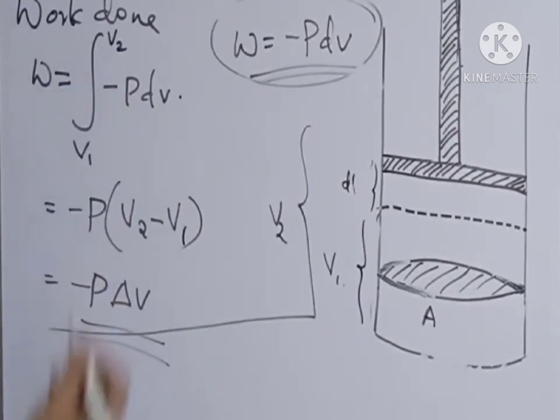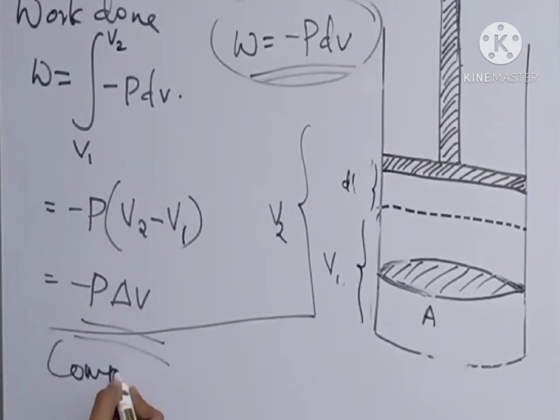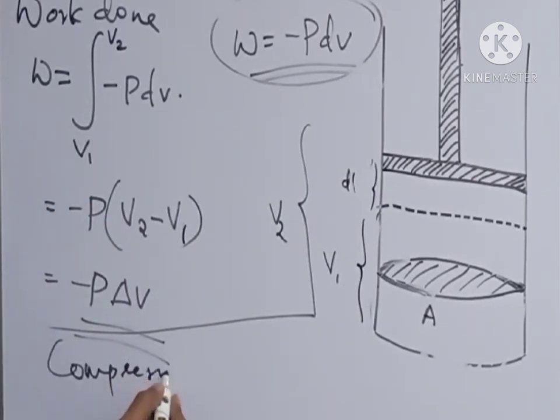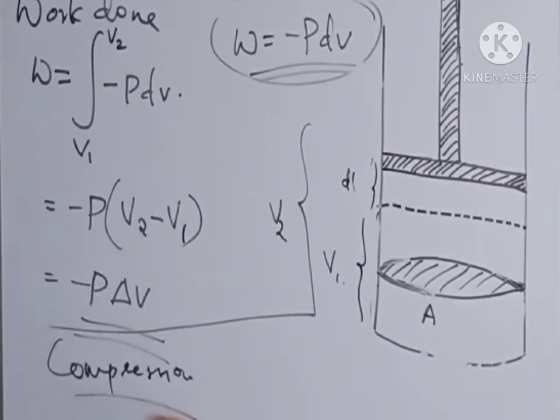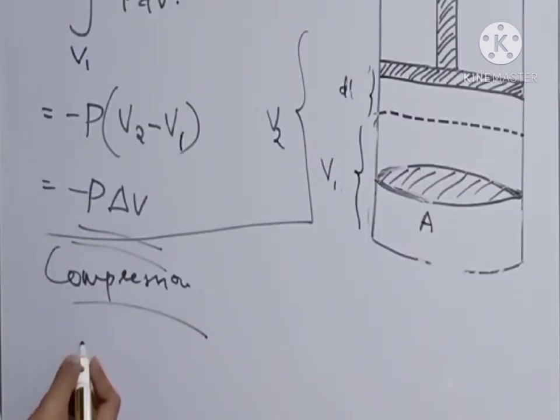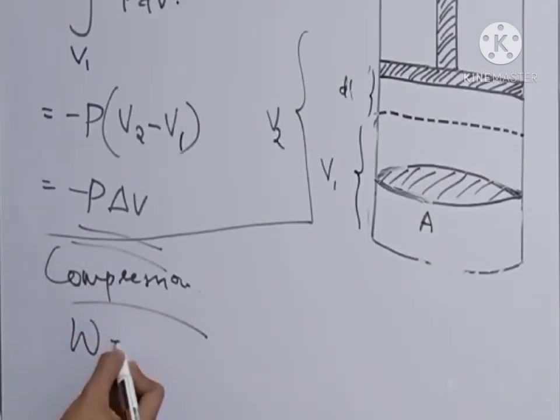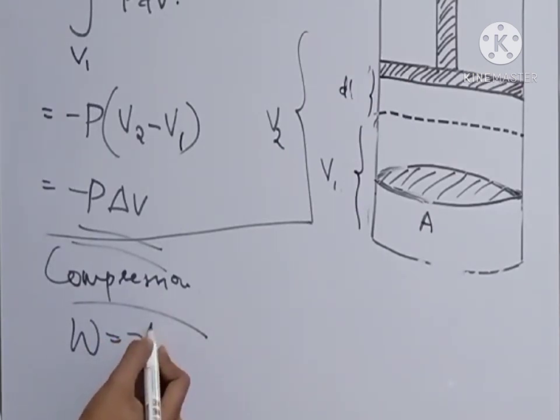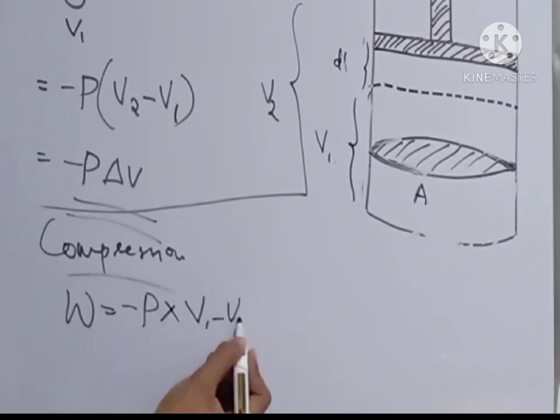In the same way we can find the work done during compression of the gas. If compression of the gas occurs, then work done W equals minus P into (V1 minus V2).